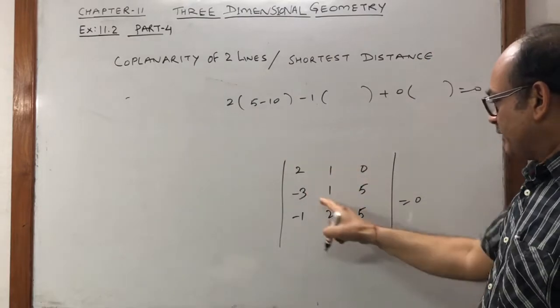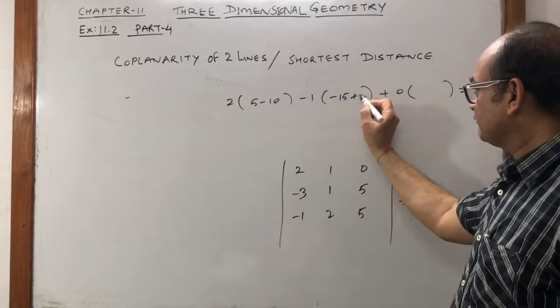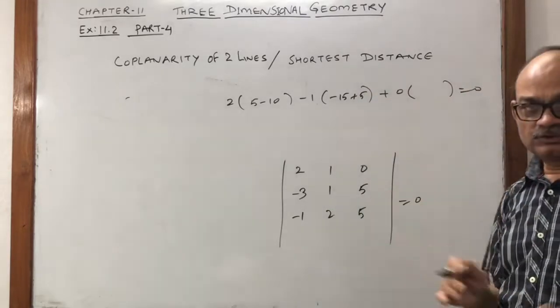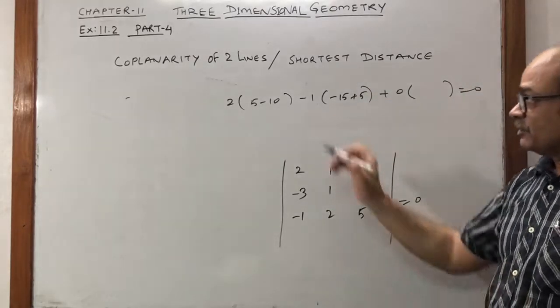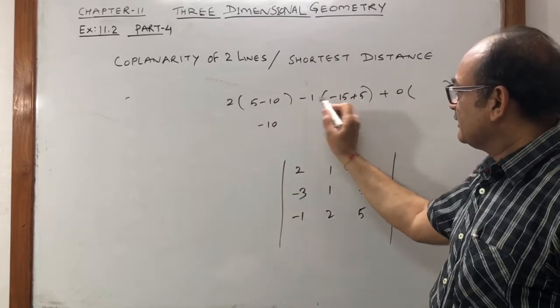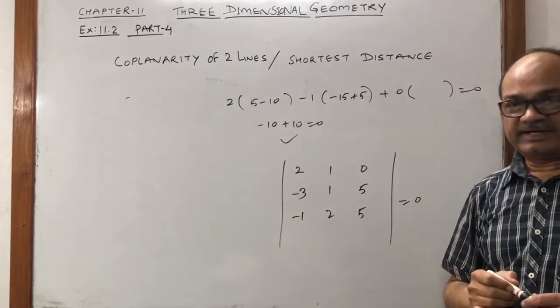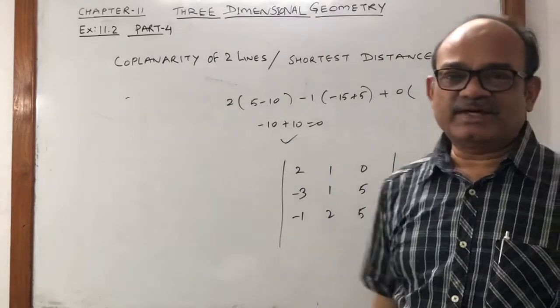Second, minus 15 plus 5. And last is 0. So no use writing inside the bracket. What are we getting? Minus 5 into 2, minus 10, and here it is plus 10. What are we getting? 0. It means it is proved that these two lines are coplanar.